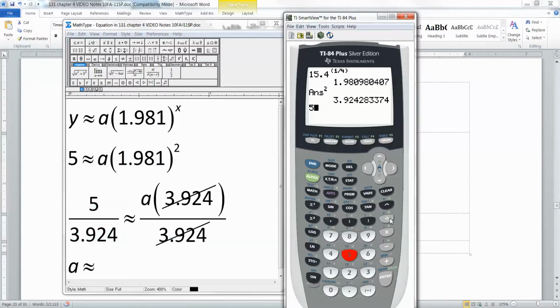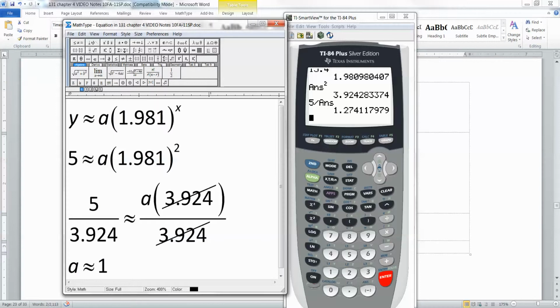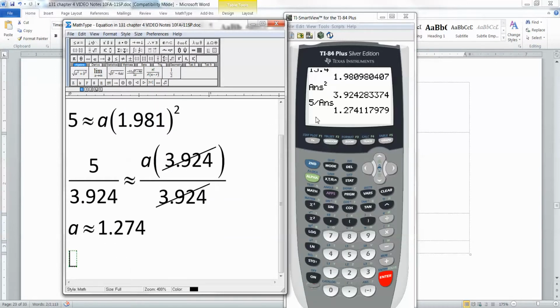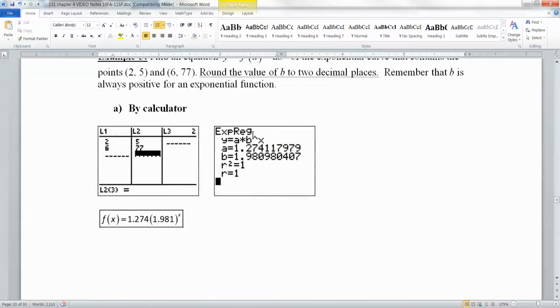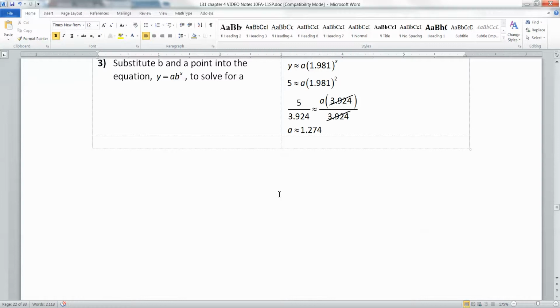I'm going to use the calculator second negative sign to take the last answer, that way I keep all those decimal places. And it should be about 1.274, which is perfect because that's what we said it was, back when we did it with the calculator right here, 1.274. So we end up with the same answer.